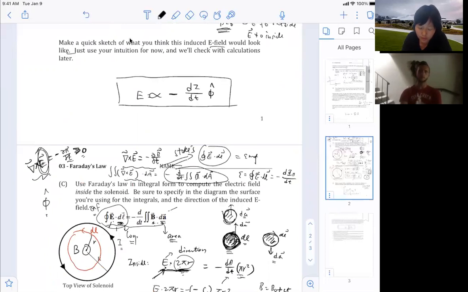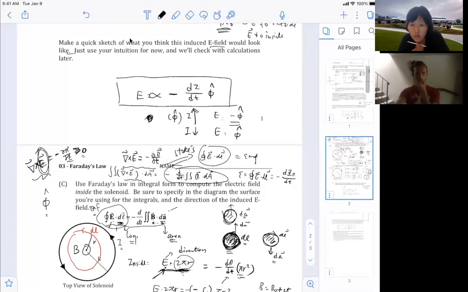This one is telling you if your current is increasing, then E will be in negative phi hat, with the hypothesis that your current itself is in the phi hat direction. Current is going counterclockwise. Then if the current is increasing, E will be opposing that direction. If your current is decreasing, E will be in the same direction. Is that more straightforward?